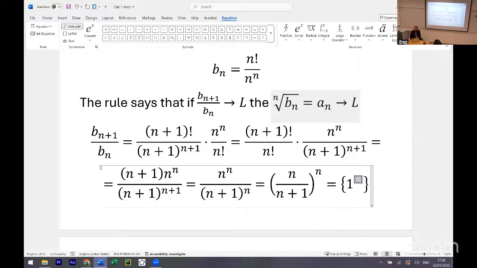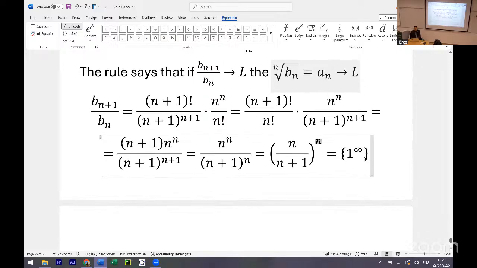The base of the power tends to 1, and the exponent to infinity. This is another problem, because it matters how fast this is going to 1 versus how fast this goes to infinity. And we don't have the tools yet to figure that one out.